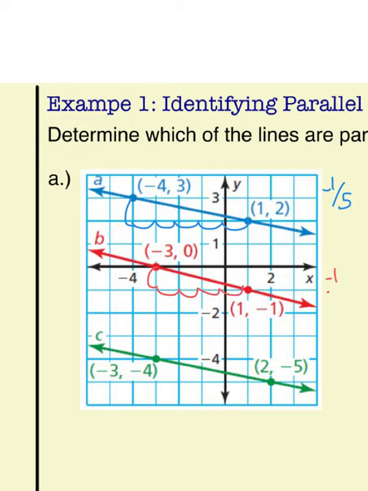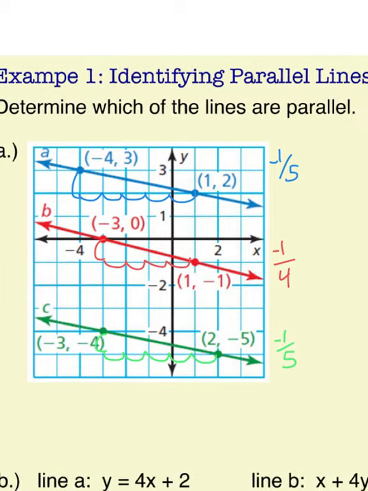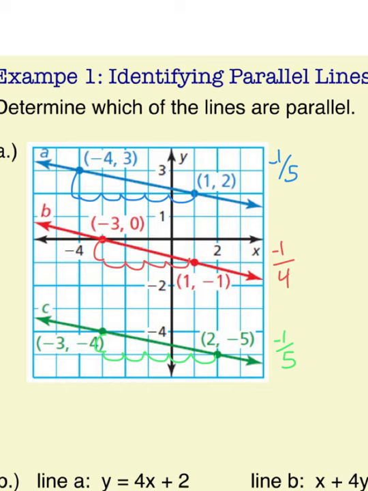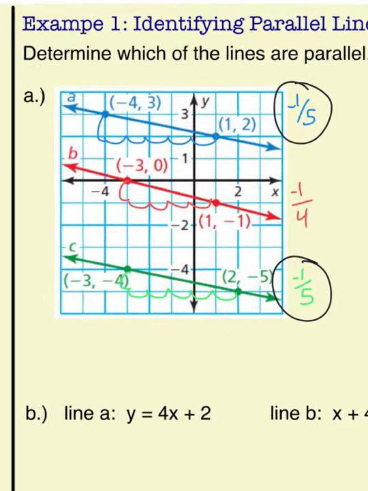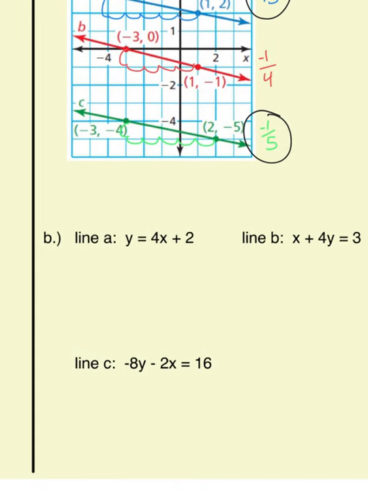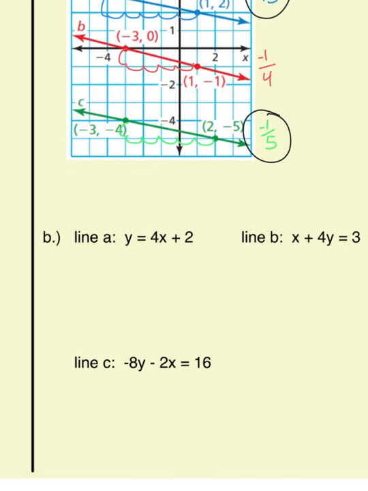So down 1 over 4. And the green line goes down 1 and then over 1, 2, 3, 4, 5. So just by looking at the slopes, the two lines that are parallel are going to be the blue one and the green one.